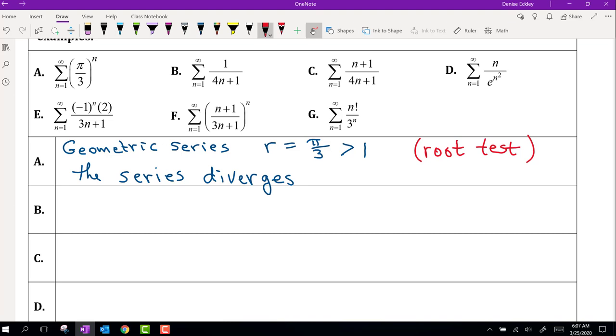For letter B, a series like this is a good one for the limit comparison test. The reason why is, if you look at 1 over 4n plus 1, it would be bounded by the harmonic series.